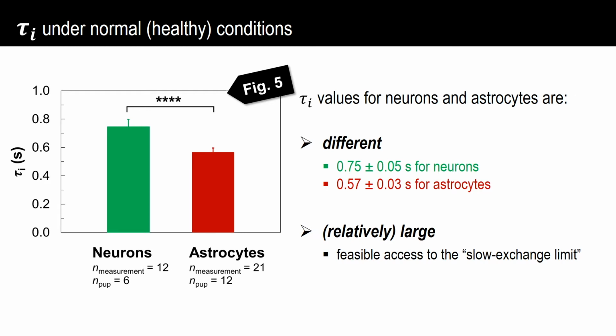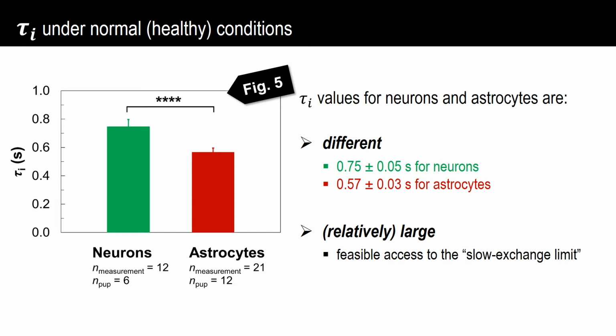And of course, when using these values for modeling and in vivo measurements, one needs to take into account the change in the intercompartmental water fraction ratio in the in vivo system when compared to our in vitro system. And we have discussed this point in our paper.